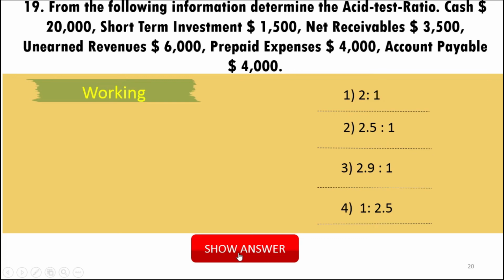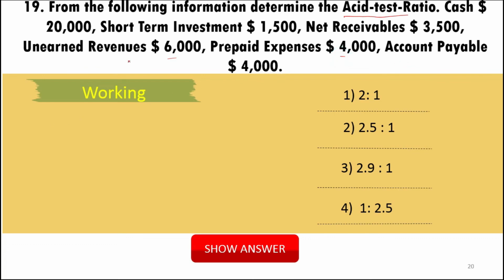19th question, the numerical question. From the following information, determine the acid test ratio. Cash 20,000, short term investment 1,500, net receivables 3,500, unearned revenue 6,000, prepaid expenses 4,000, account payable 4,000.